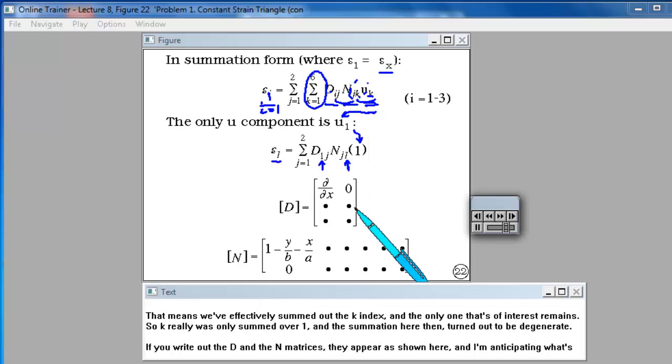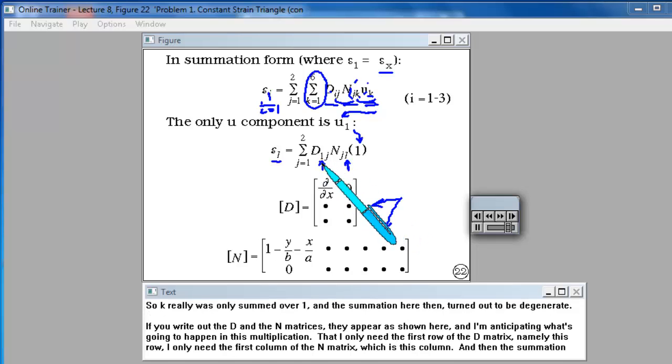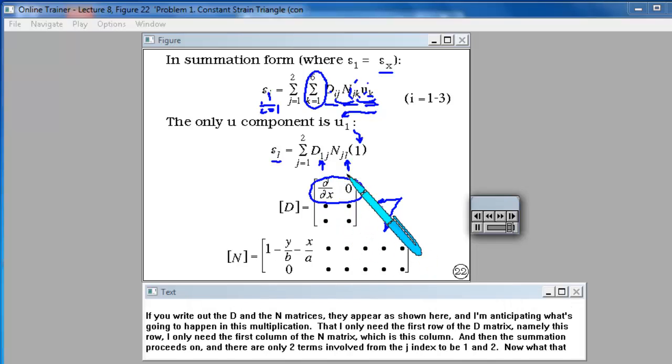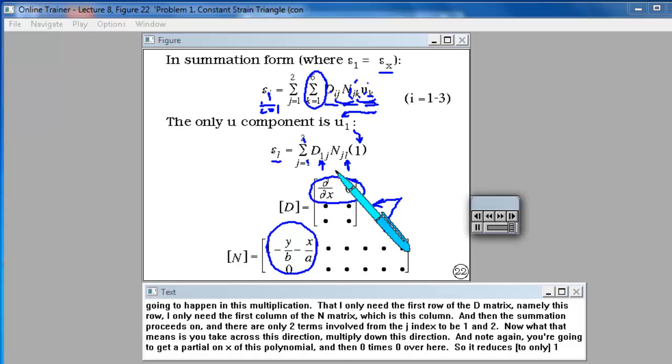If you write out the D and the N matrices, they appear as shown here, and I'm anticipating what's going to happen in this multiplication, that I only need the first row of the D matrix, namely this row. I only need the first column of the N matrix, which is this column. And then the summation proceeds on, there are only 2 terms involved, from the J index being 1 and 2.